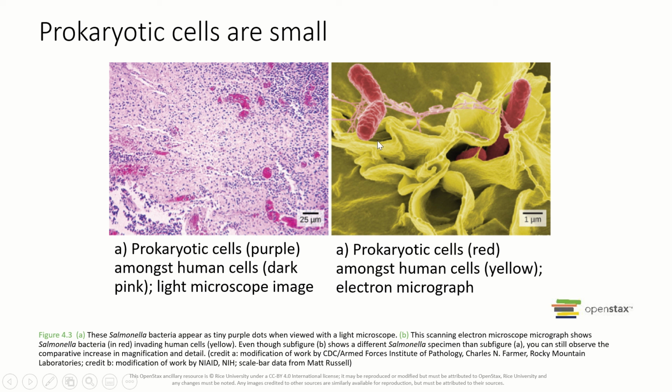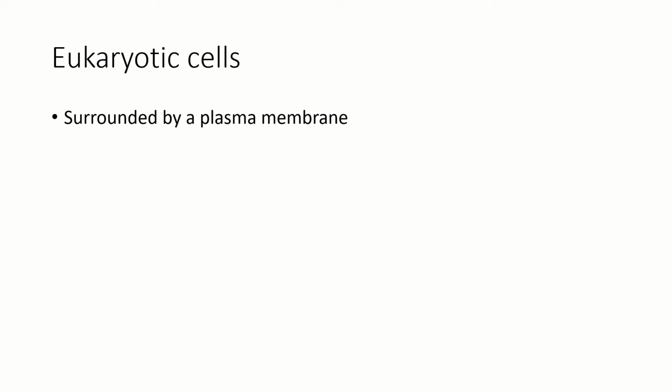It has a different shape. And these are human cells. And so you can see here that even though this is at much higher magnification, these cells are much, much bigger than these little tiny cells here. Okay, so eukaryotic cells are always larger than prokaryotic cells. Even the smallest eukaryotic cell is bigger than a prokaryotic cell.